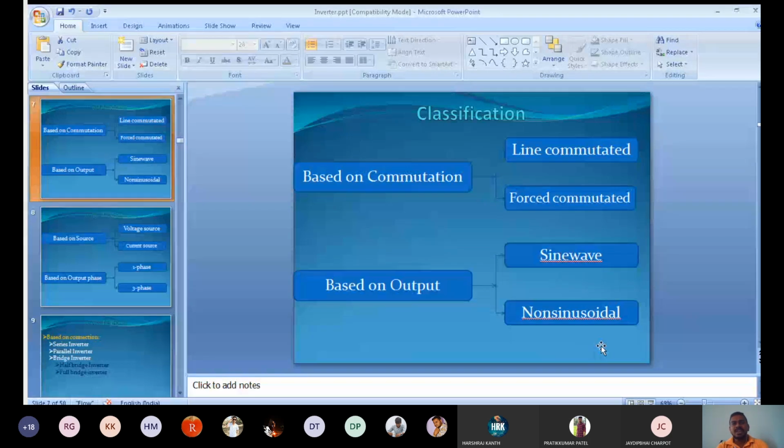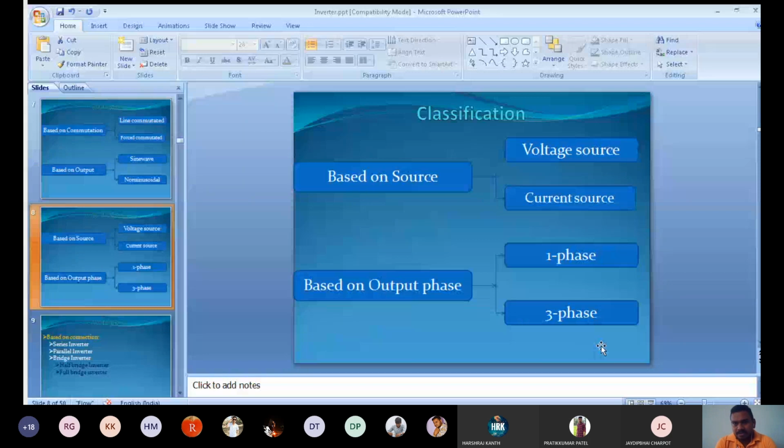Now third is based on source. Based on source, that means which type of source is utilized in the inverter, whether it is a voltage source or current source. When voltage source is used, it is known as the voltage source inverter. When current source is used, it is known as current source inverter.